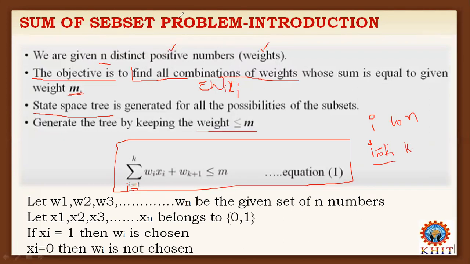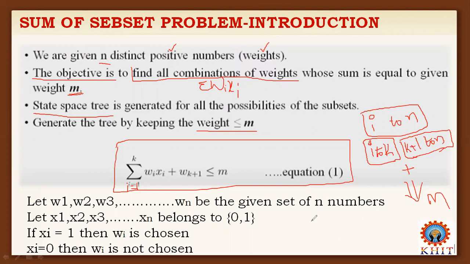If you want to reach the sum of 1 to n, you identify the sum of the first part, 1 to k, and the next part, k plus 1 to n. If you add these two, then you get the sum of the subset, which is equal to m.